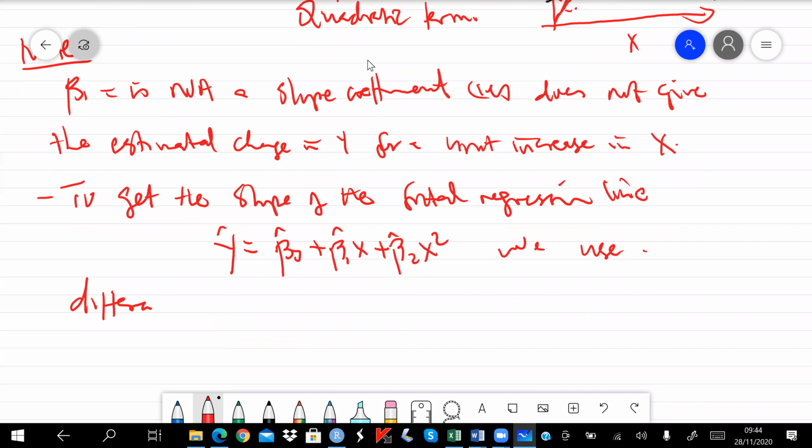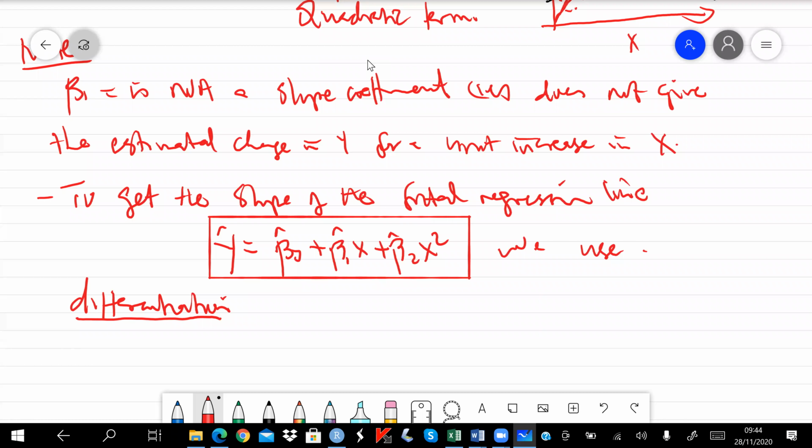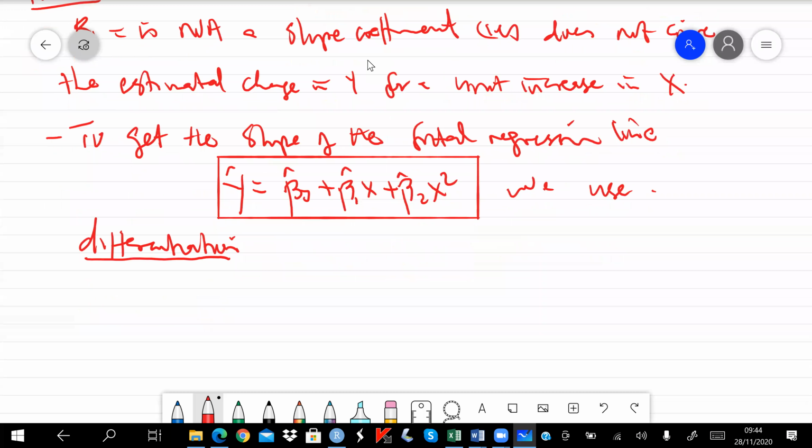In other words, we find the derivative of that function, and that derivative function will give you the slope for given values of x. We use that concept of differentiation.